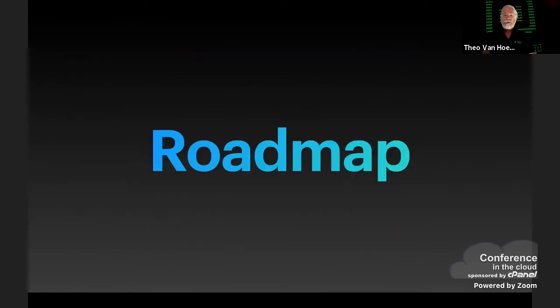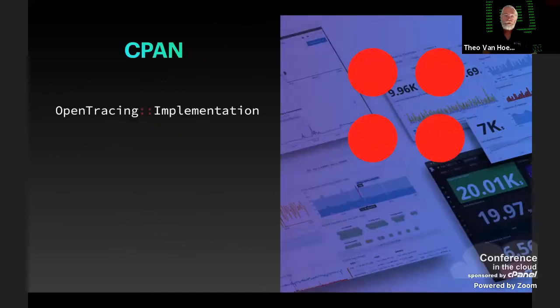Then, the roadmap. Yes, there is a roadmap. We want to have more open tracing implementations. We want to have Zipkin as one of them. And we want to have Elasticsearch. We want to have Jaeger. We want to have New Relic and anything else.